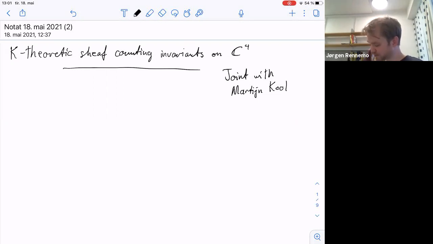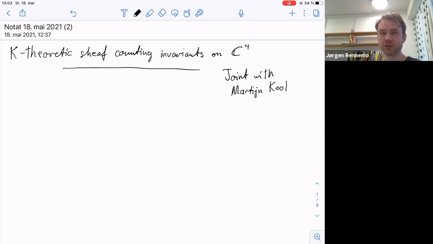But the main goal is for me to explain, and I'll spend much time trying to get to the point where I can explain what these invariants are, since they are relatively recently defined.